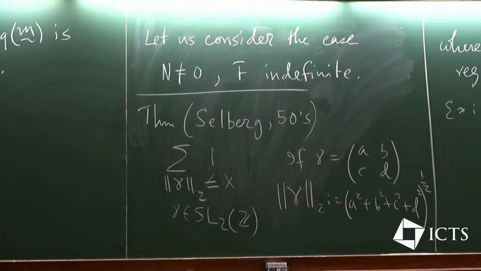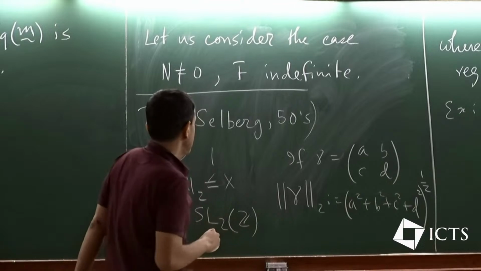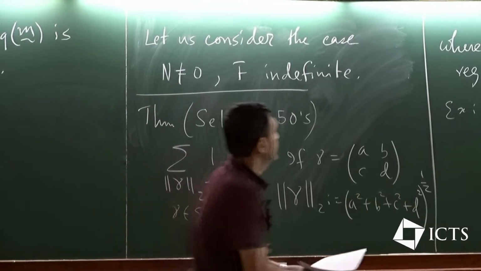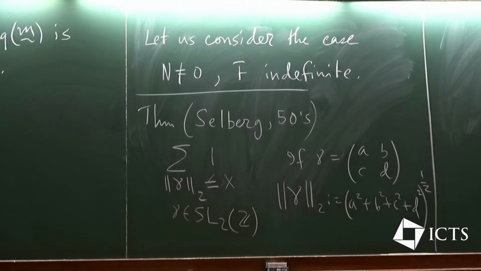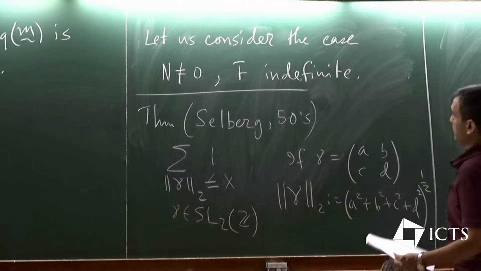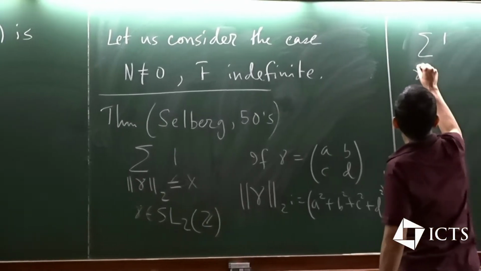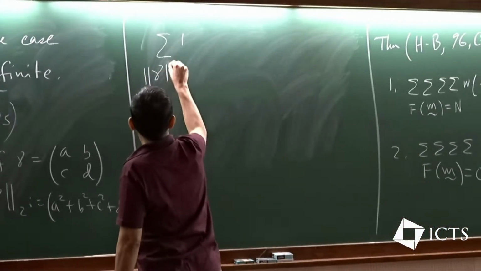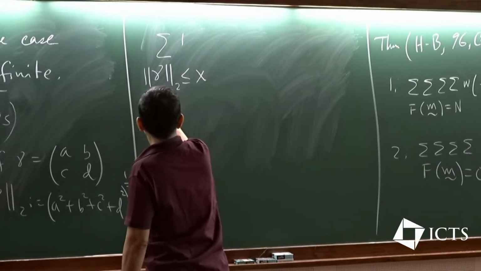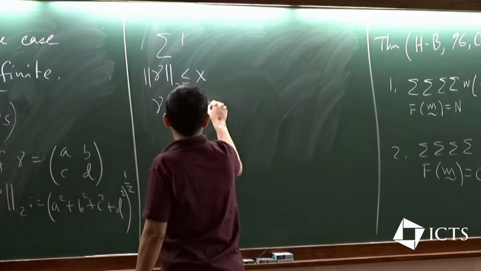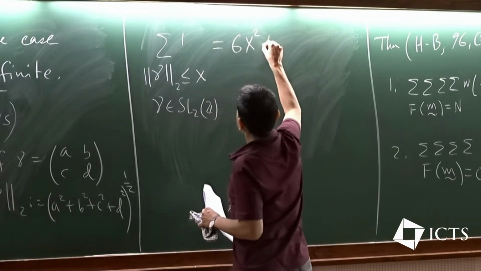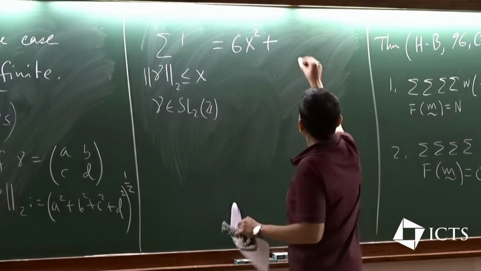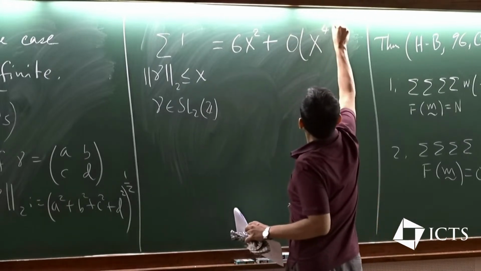Is that visible from the last row? Okay, thank you. Okay, so what was the result of Selberg? So the count is 6 times x squared plus O of x to the power 4 by 3.